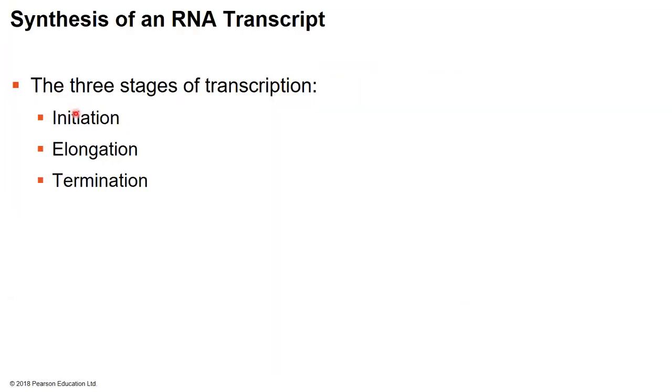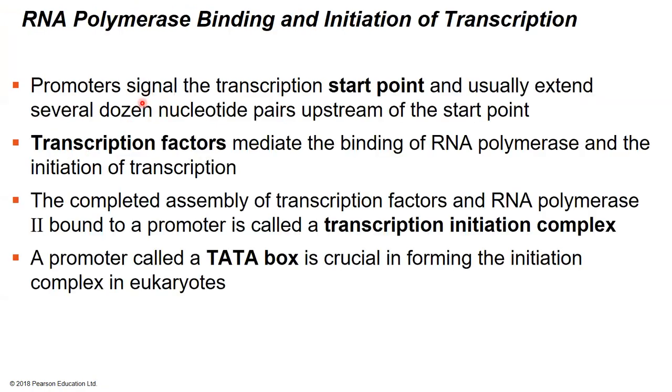All right, so let's look into more detail about the three stages of transcription. First, we're going to discuss the initiation. Initiation requires the binding of transcription factors to the promoter region.